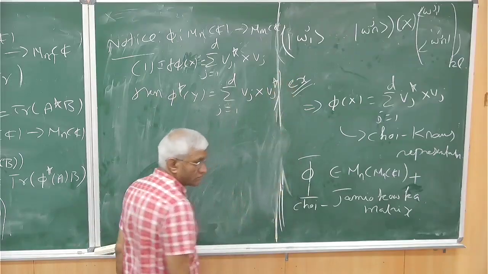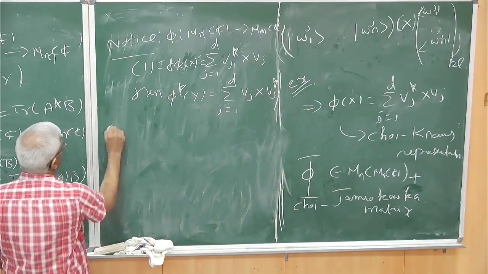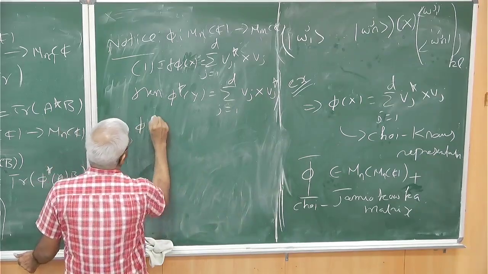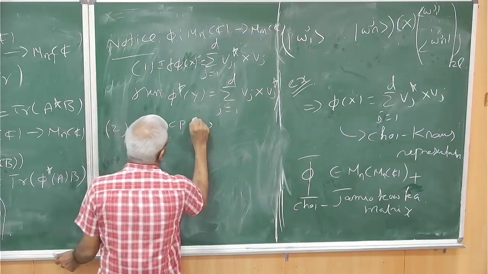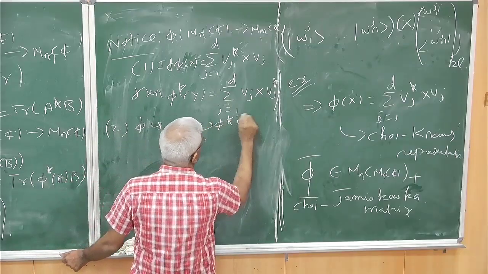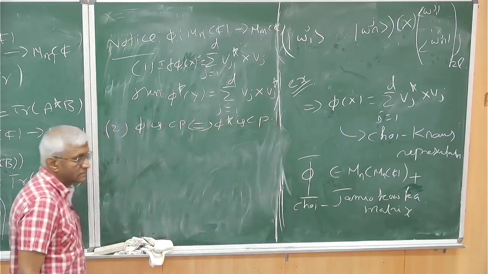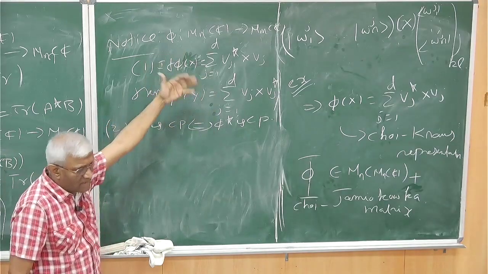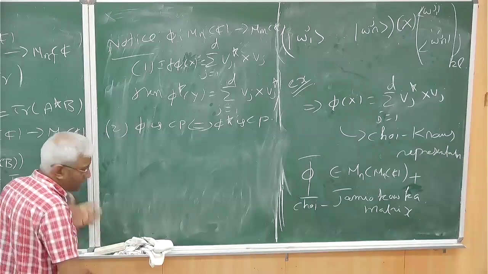That's all. From this it's clear that phi is CP is equivalent to saying phi star is CP. Is the other way also? If this is given by this, then phi star star is phi, of course. It's the same thing.